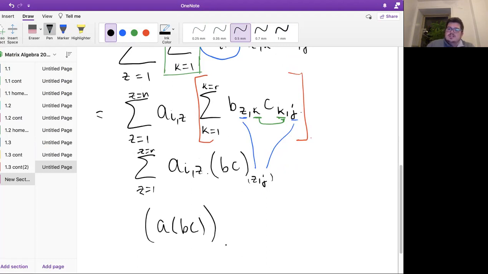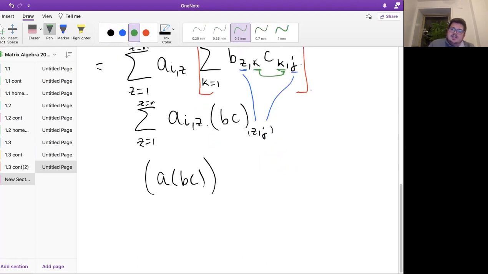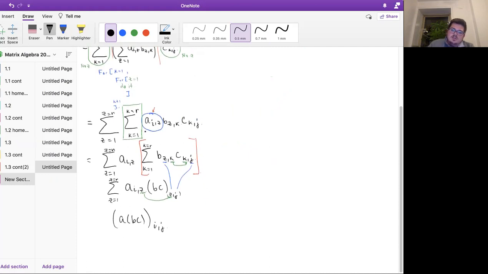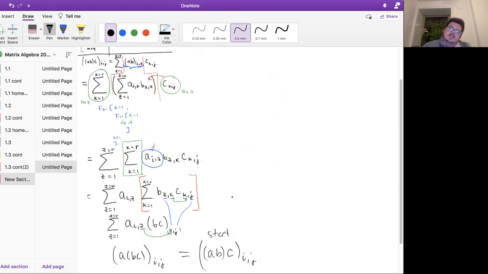And then what is the index, right? The Z's are the same. And what's the index down here? IJ. So what did we start out with? We started out with AB times C, IJ. This was our start. So that was associativity.